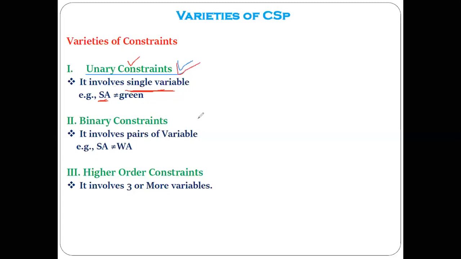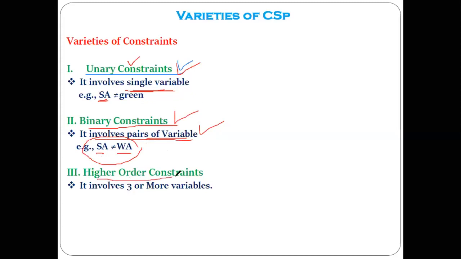Unary constraint. Okay. When there are two variables, when there is the involvement of a pair of variables, like here we have SA and, for example, WA, then that comes under which constraint? Binary constraint.